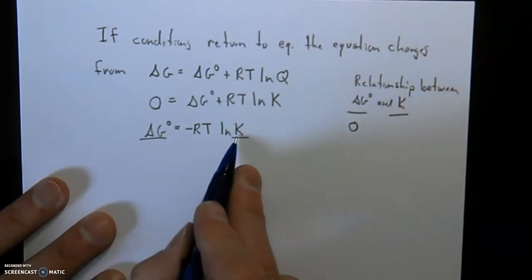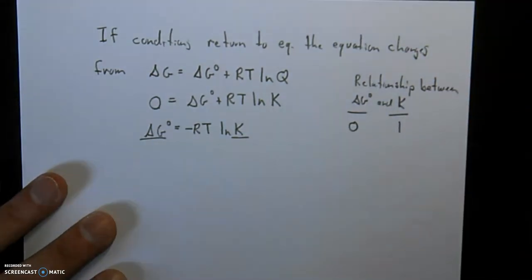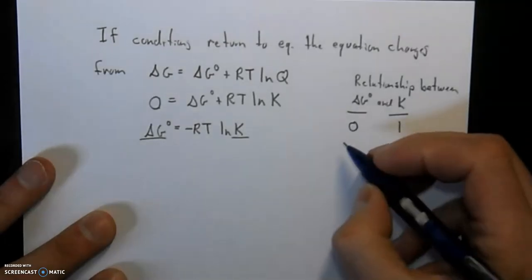Well, the ratio of products over reactants would have to equal 1. Now, the likelihood of that happening is almost 0, but that's mathematically how they relate. That one's just a base. Everything else will make sense.